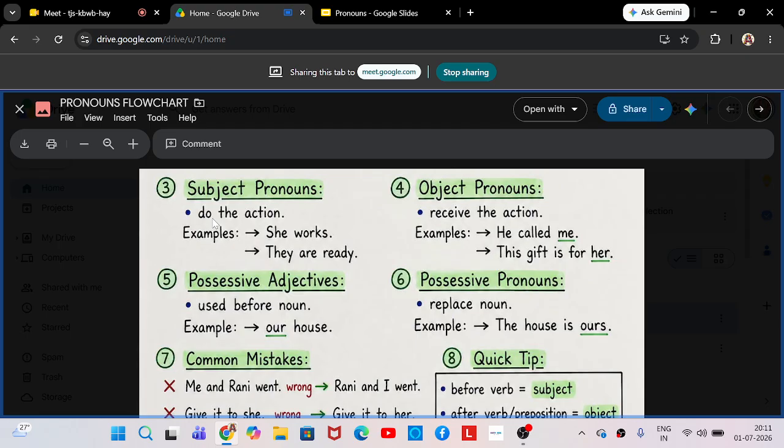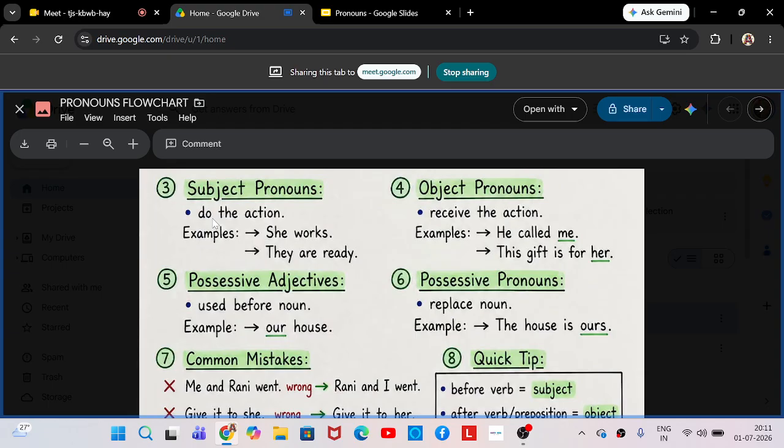Whereas if the possessive adjective is replaced by a possessive pronoun, then the sentence will be like this: the house is ours. So what comes here? After the house, the word ours comes. So our house is different from ours, isn't it? When you say our house, before house you are writing a word which is a possessive adjective, that is our.